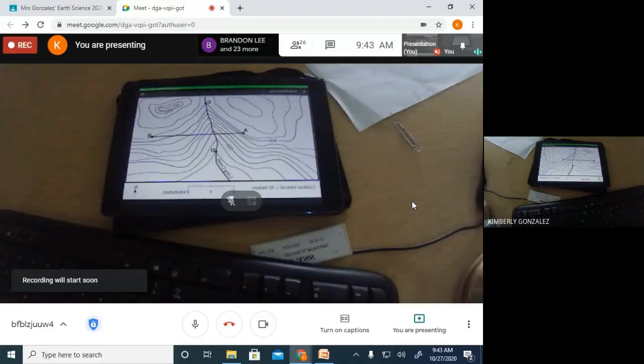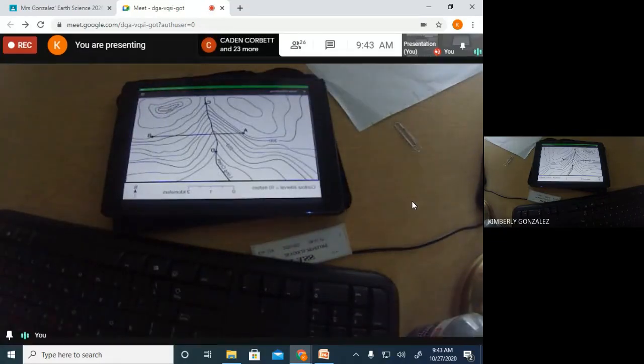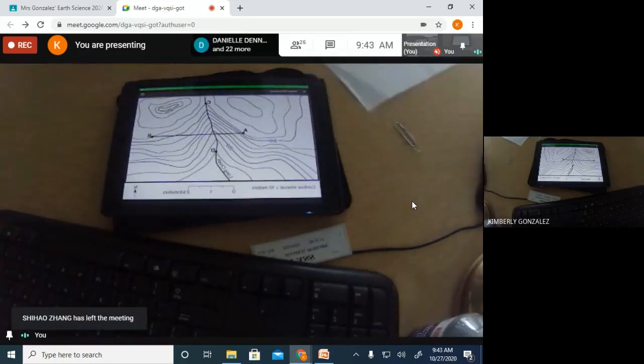So you want to create a profile from a given elevation. You need your scrap piece of paper, okay?